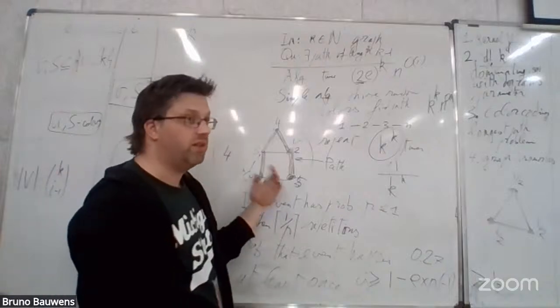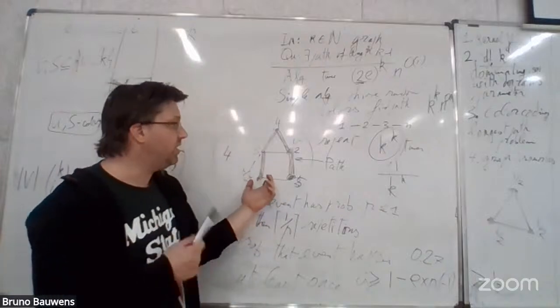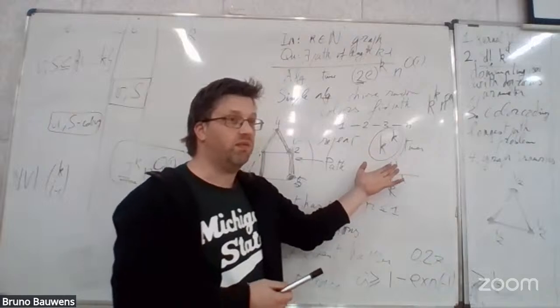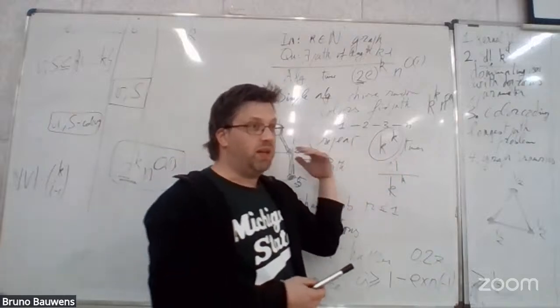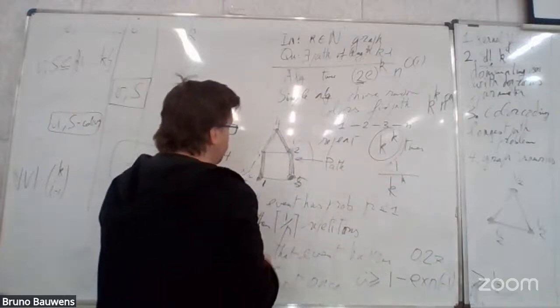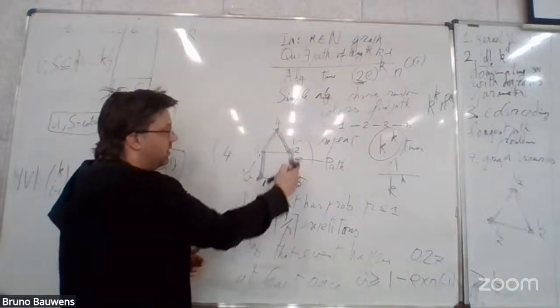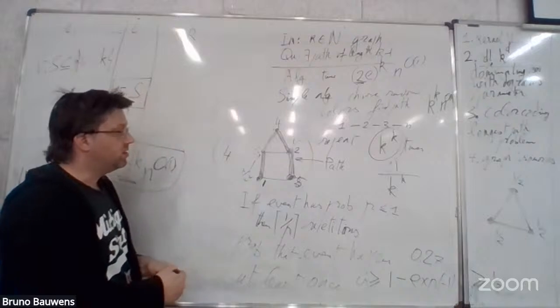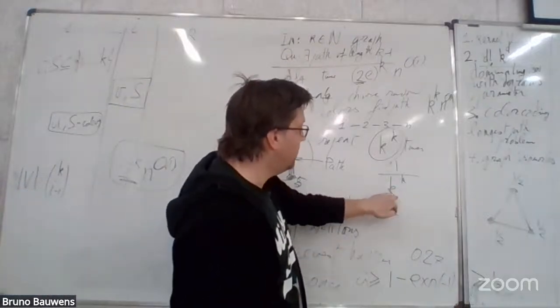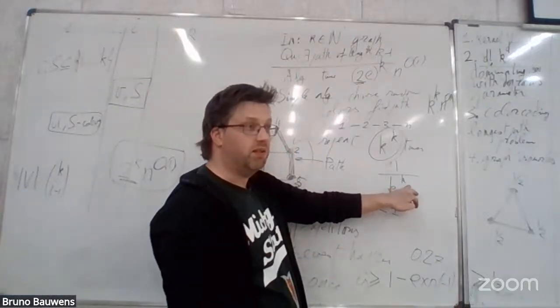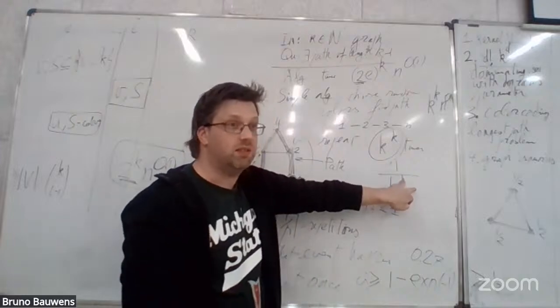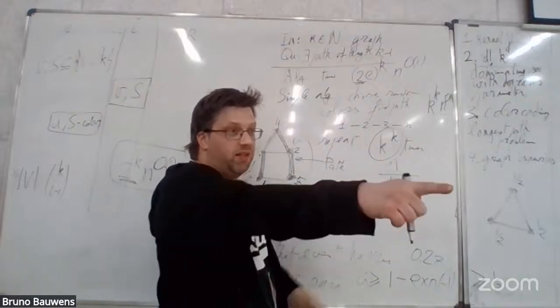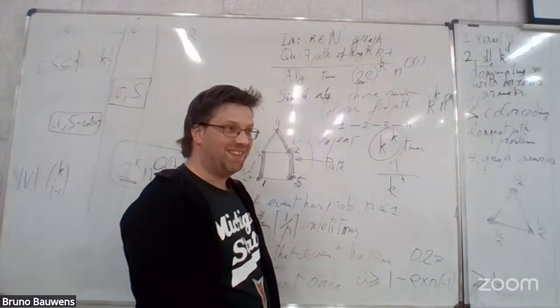Now we need to think how many repetitions we need to get probability 1/2. So now we have to think about what is the probability that a fixed path gets all different colors. Before we had 1 over k to the power k probability. Now we get something very similar.